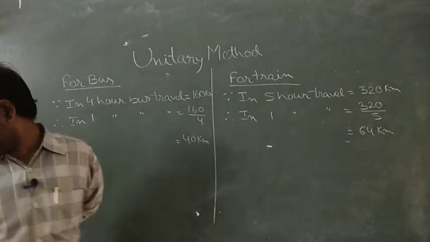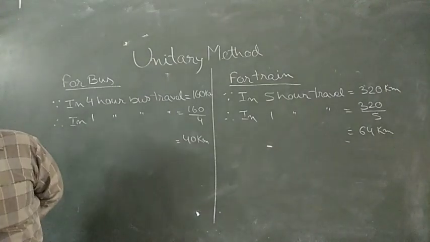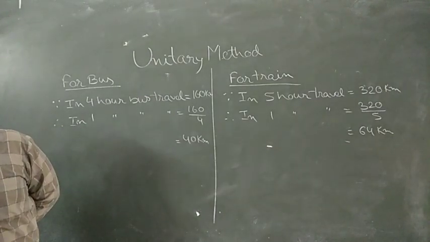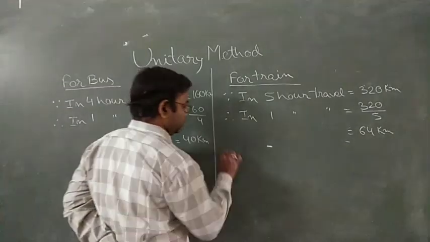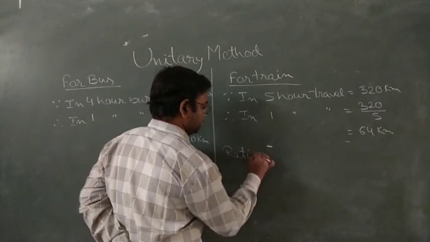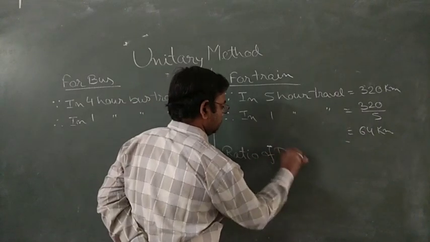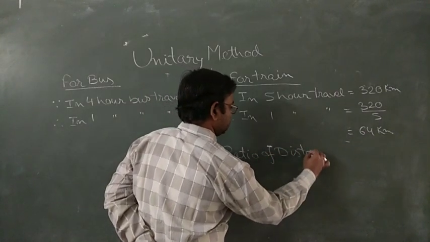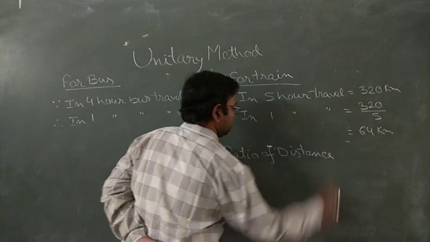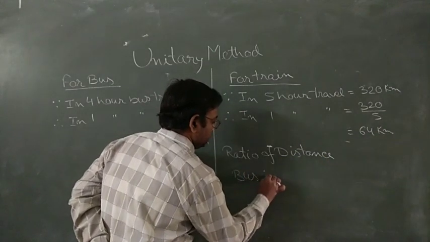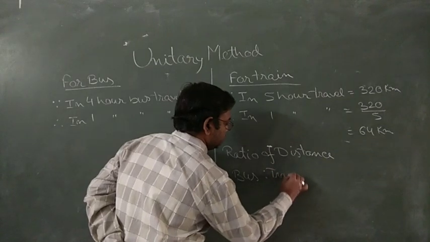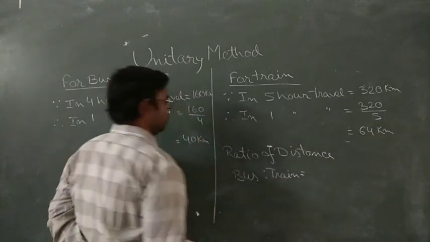The question says the ratio of distance traveled in 1 hour, bus ratio train, equals to 40 ratio 64.